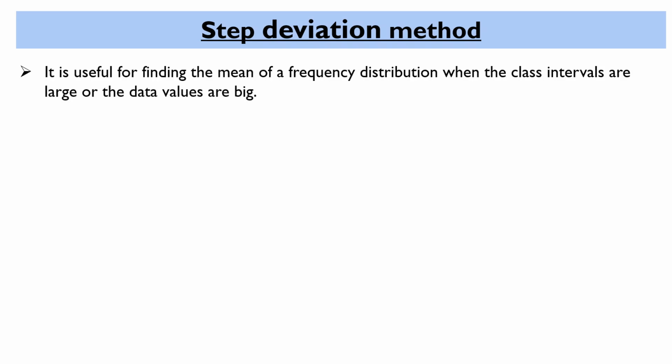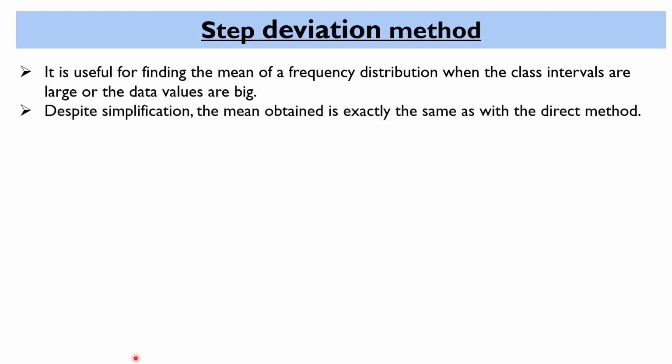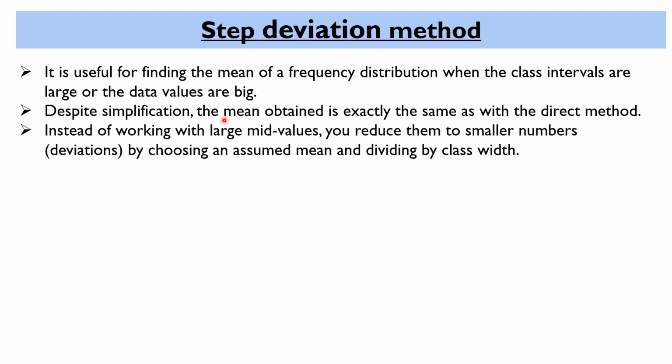Step deviation method is useful for finding the mean of a frequency distribution when class intervals are large enough or data values are big. Despite simplification, we can observe that the mean obtained is exactly same as with the direct method. Instead of working with large midpoints, you reduce them to smaller numbers by choosing an assumed mean and then dividing by class width.